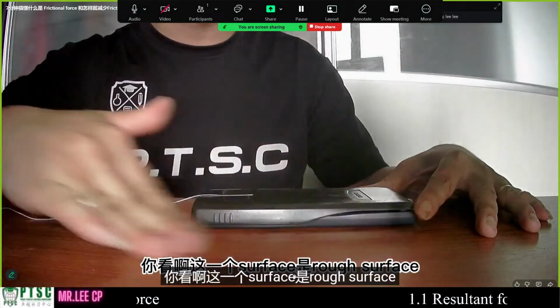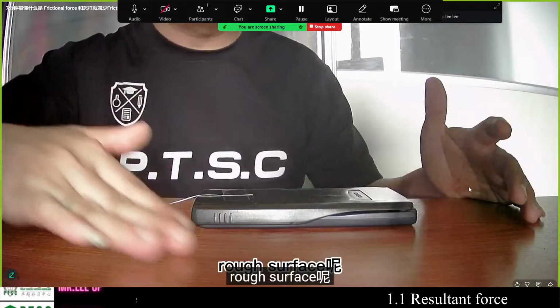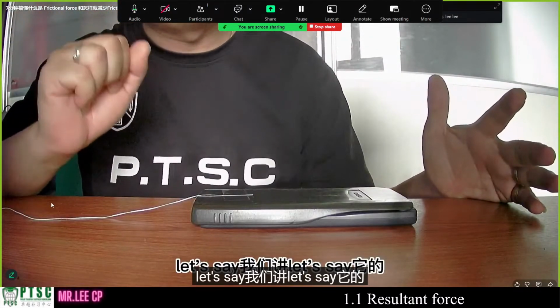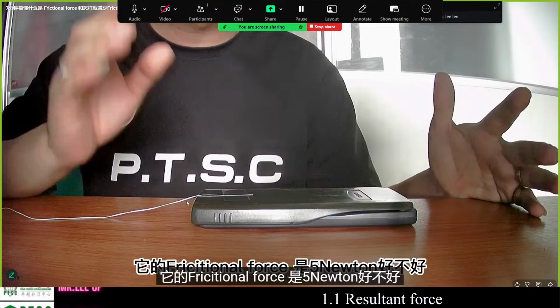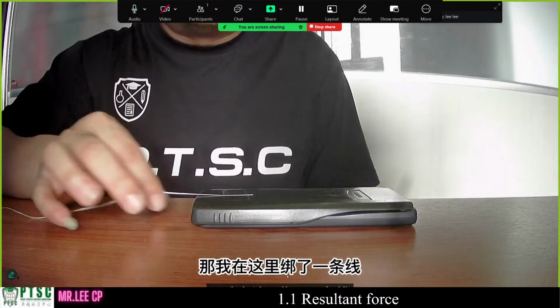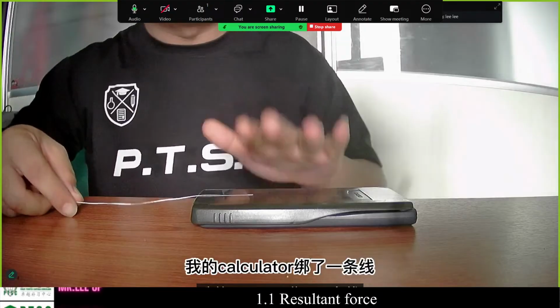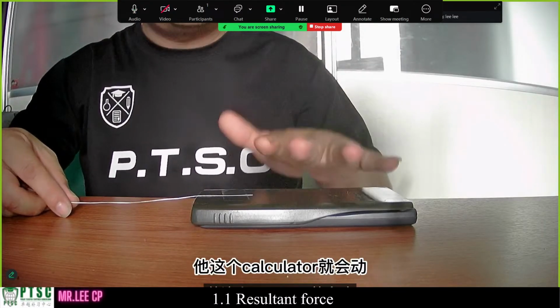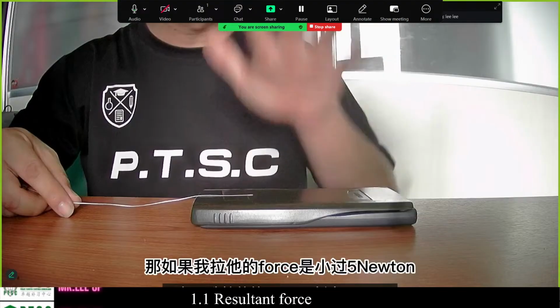This is a rough surface. I tie a string on the back of the calculator. Let's say the frictional force is 5 Newton. So we see what happened when I pull it.